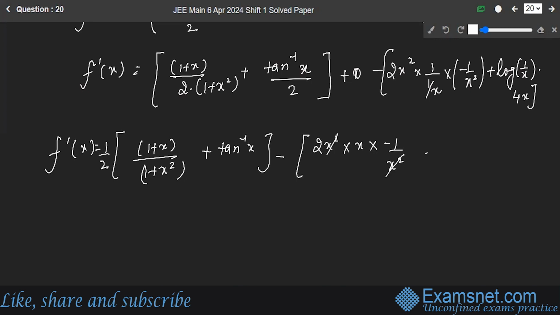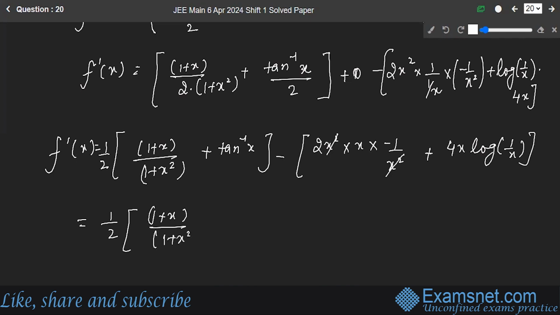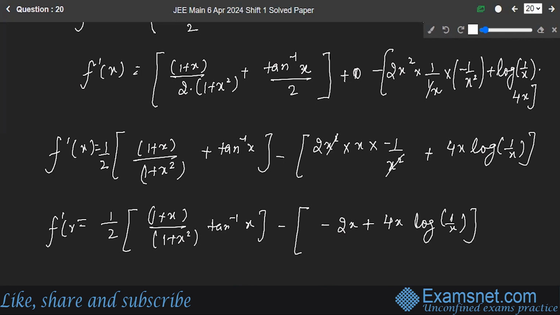This and this will cancel, plus 4x log of 1 by x. Okay, that's this: 1 plus x square tangent inverse x minus, okay, this is minus 2x plus 4x log 1 by x. Okay, now let's find out f dash 1.